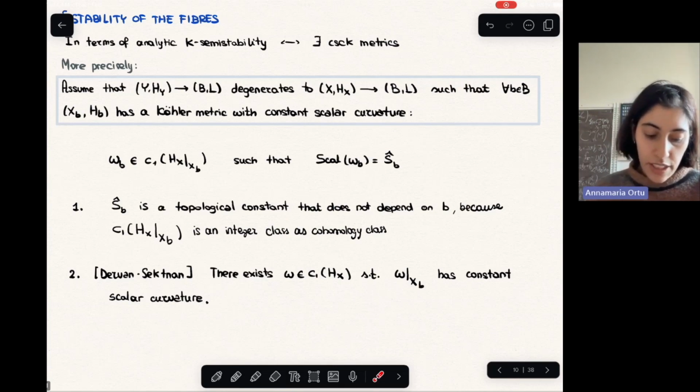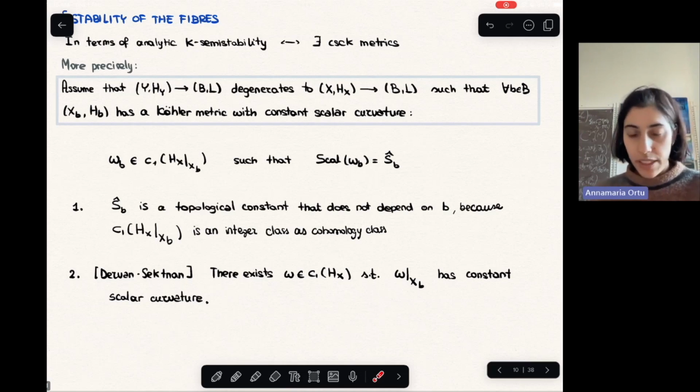This is because the first Chern class, if you view it as a cohomology class, has integer coefficients, and nearby fibers are to be thought of as deformations of each other, so the class stays the same on all fibers, and this constant is independent of B. And also it is a result of Dervan-Sektnan, which builds on the deformation theory of constant scalar curvature metrics, that it is possible to construct a global two-form on X that restricts to a constant scalar curvature metric on each fiber.